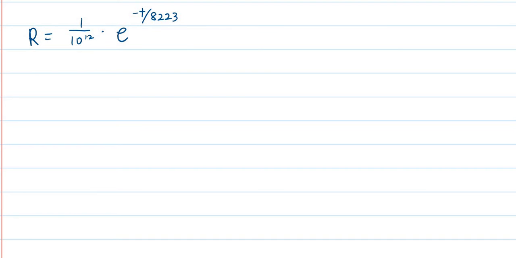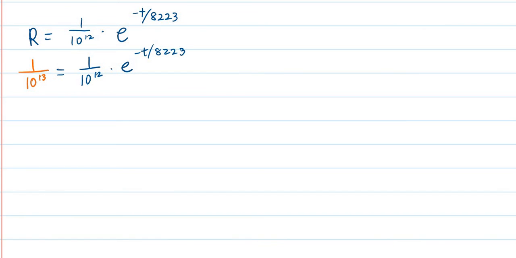So we want to know how old is a fossil if R is equal to 1 over 10 to the 13th. So what we can do is just substitute in 1 over 10 to the 13th for R, and now that's going to be equal to 1 over 10 to the 12th times e to the negative t divided by 8,223.